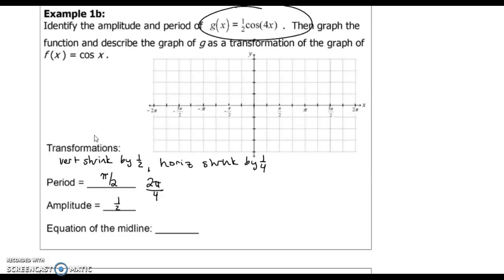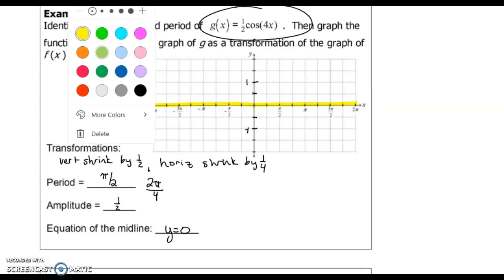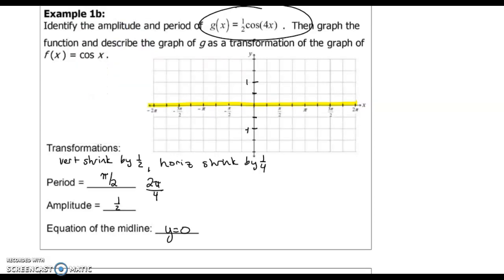Okay, and then the equation of the midline: there was no vertical translation up or down, so it's still y equals 0. So here's our midline. Now, if I make this 1, then this is 1/2, and so this is -1. Let's draw in our top and bottom where it's going to oscillate between.